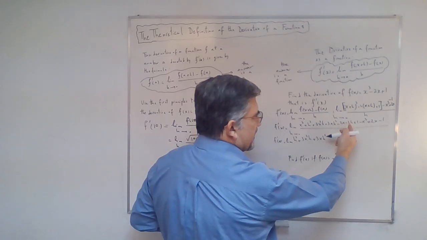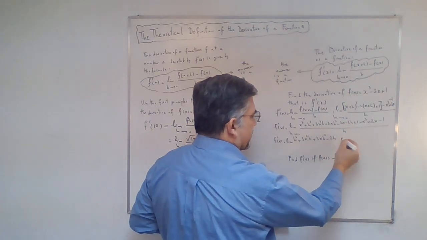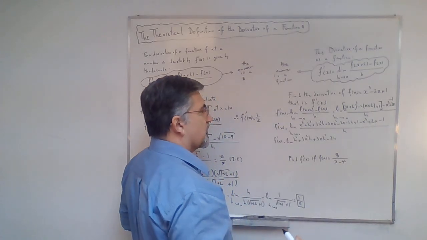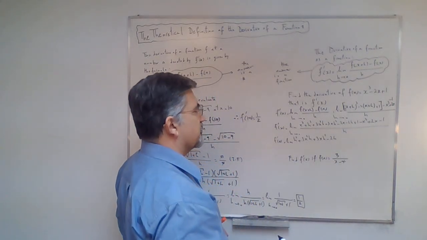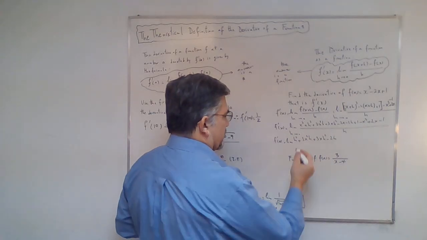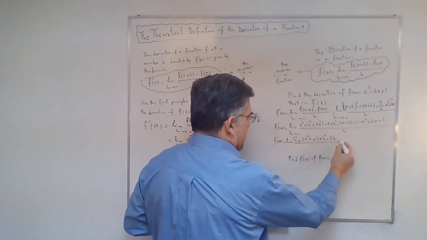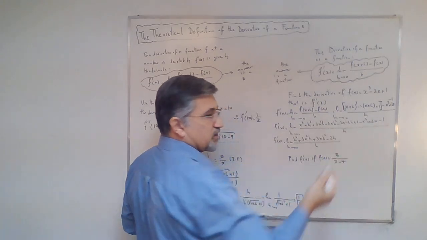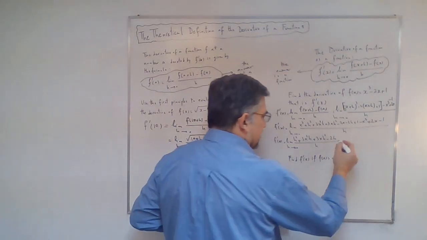And then negative 2h is also left. And then we have plus 1 minus 1, which cancel out each other. So after collecting like terms and simplifying, that's what we get, as h approaches 0.